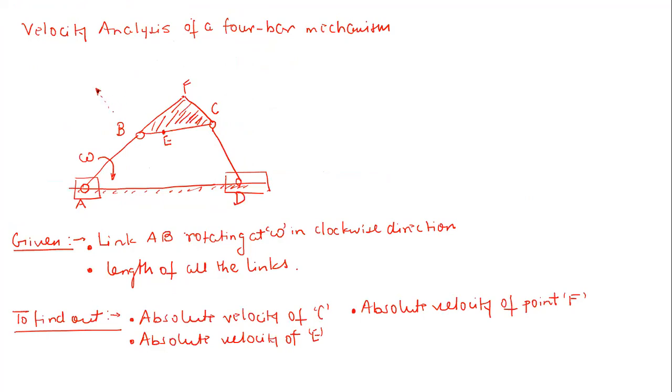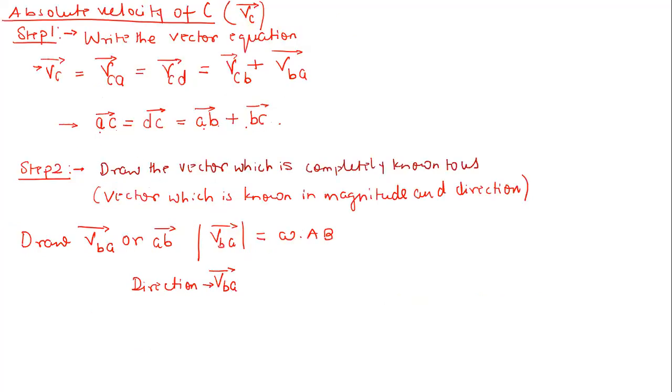Is this going to point upwards or downwards? Downwards. Obviously this link AB is rotating in the clockwise direction. So that's why it is going to point in the downward direction. So the VBA vector is simply perpendicular to AB and in the downward direction.